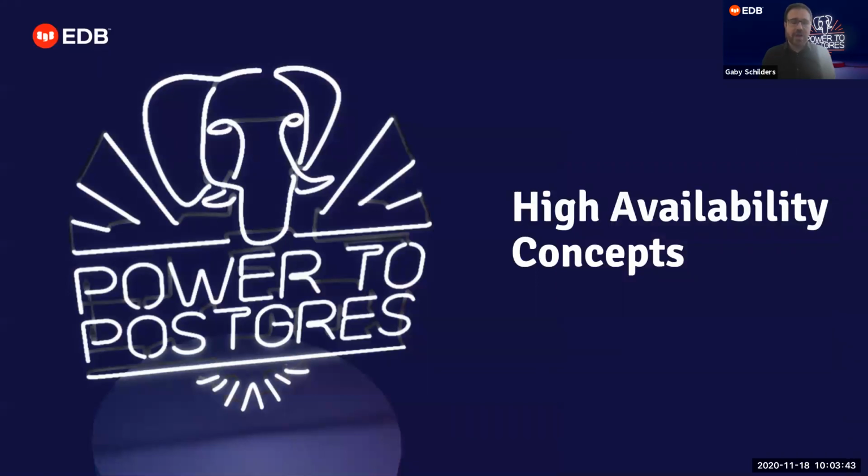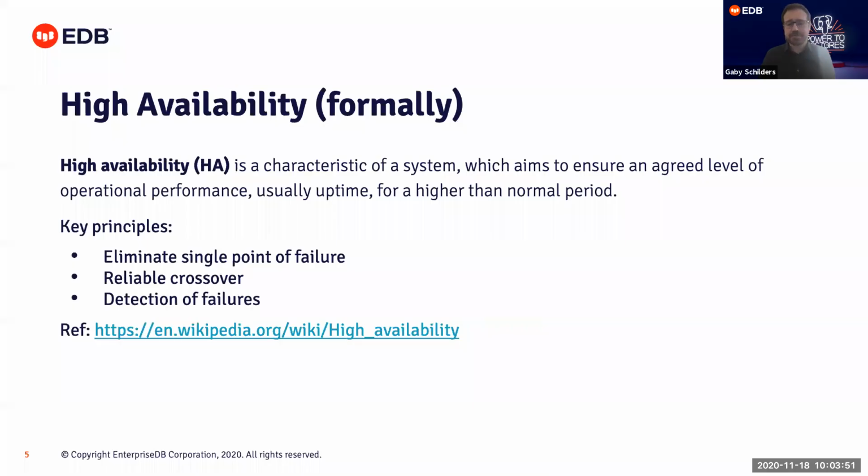So talking about high availability, what is interesting is that although it's formally a well-defined concept, as you can find through research, people do have some different outlooks on what high availability means in practicality. But let's look at the formal definition first.